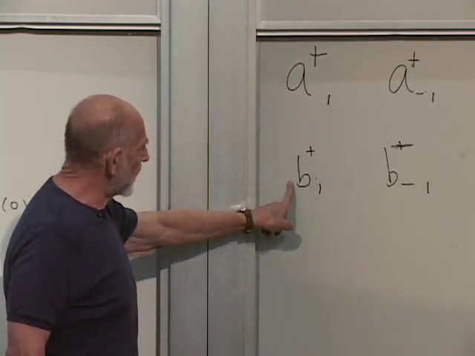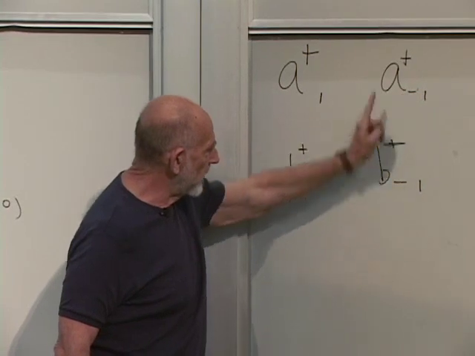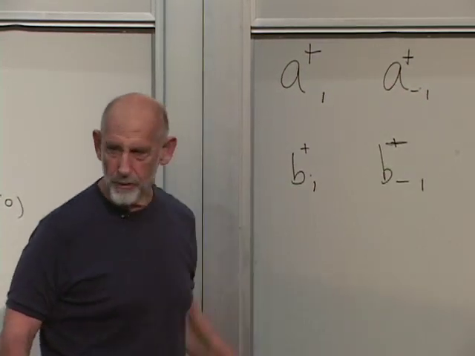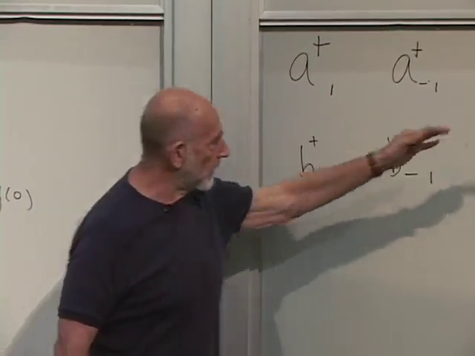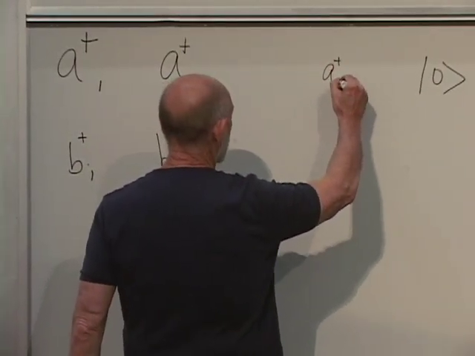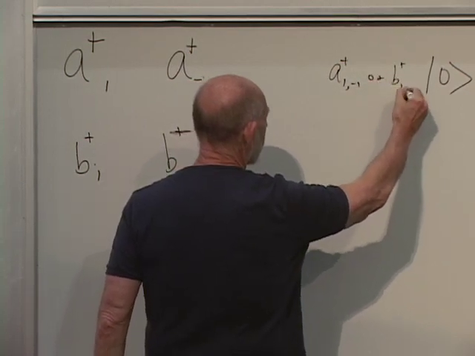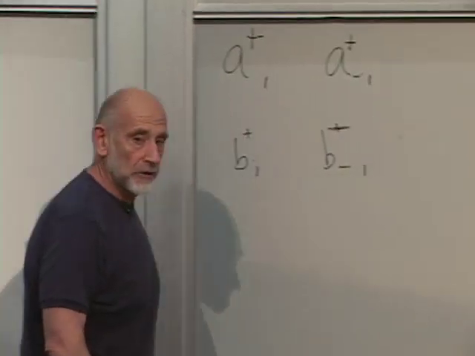We could write A plus IB and A minus IB, or A minus 1 and B minus 1. There are 4 possibilities for acting on the ground state: A plus 1 or minus 1, or B plus 1 or minus 1.